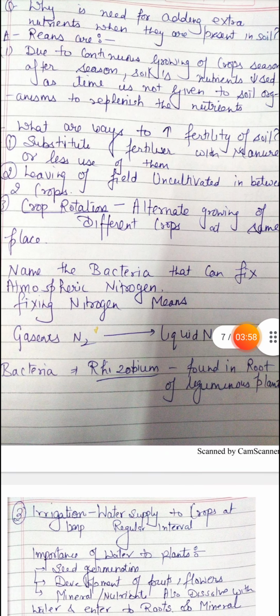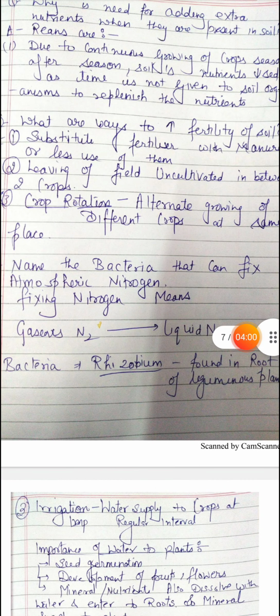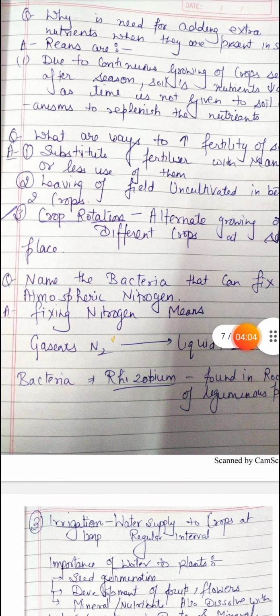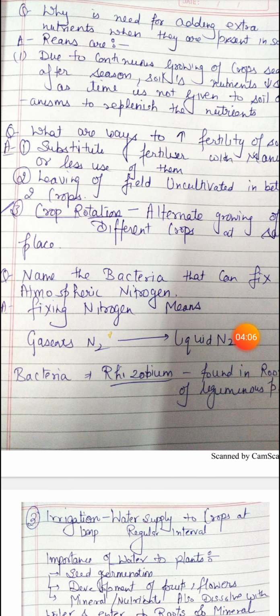Another thing we can do is intercropping. The second one is intercropping, meaning if we grow two crops in two seasons, between these two crops we leave the field uncultivated, so that the soil gets time to replenish its nutrients.